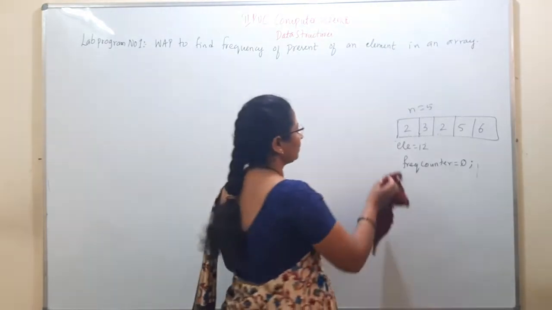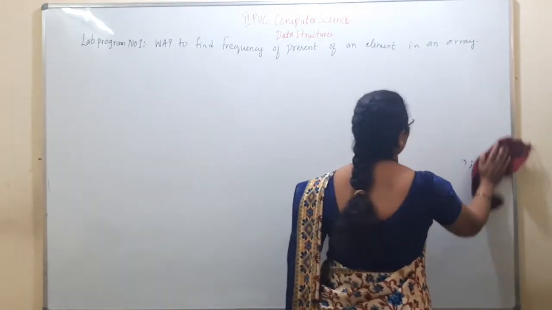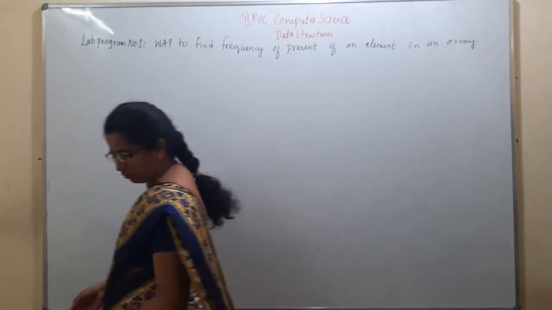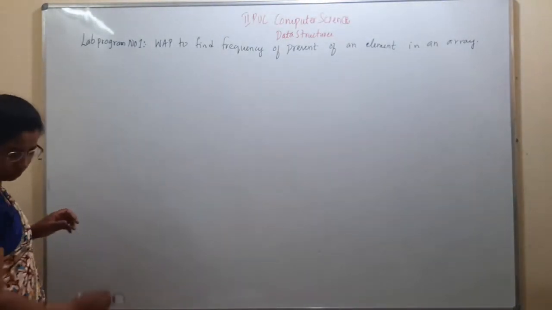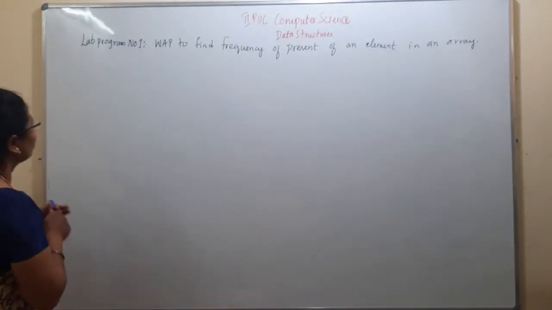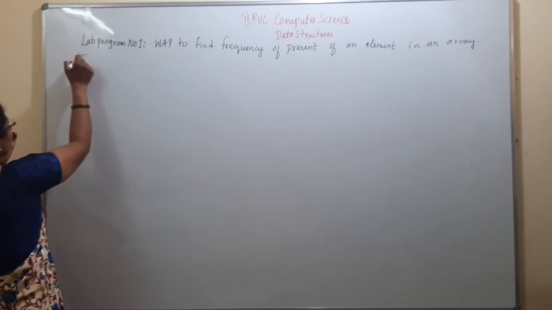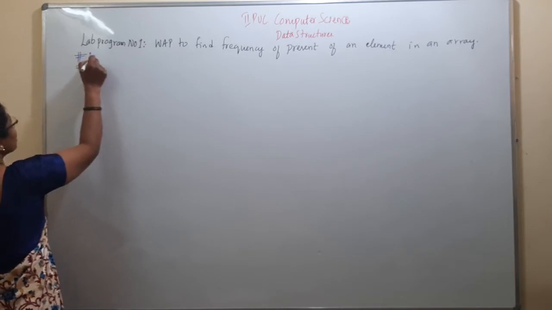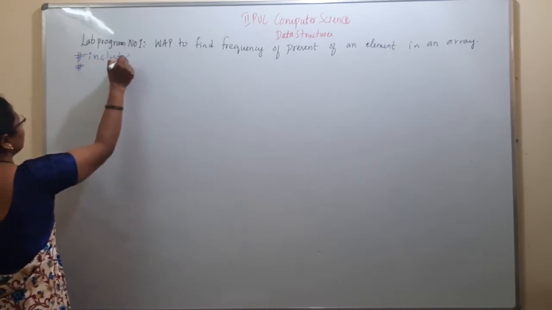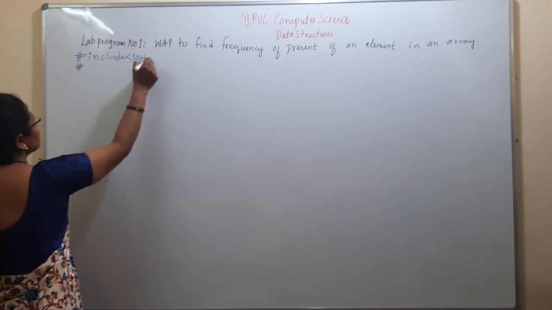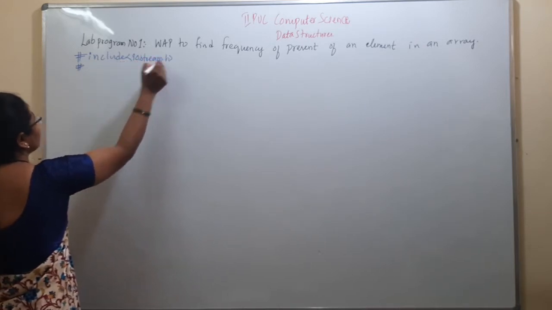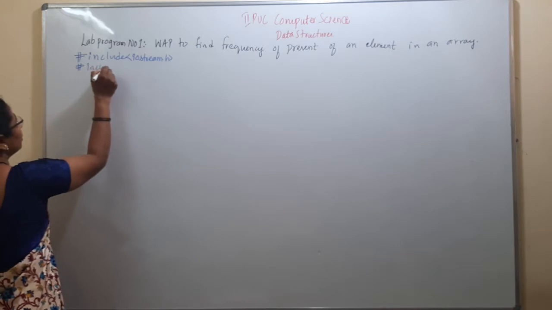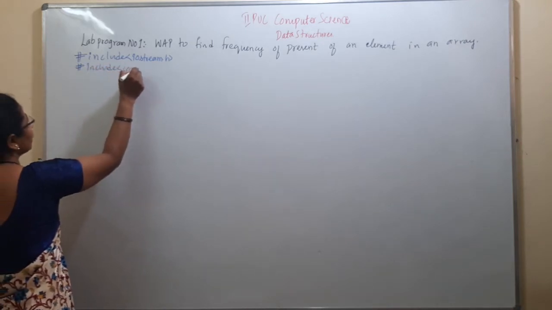So this concept we are implementing with lab program 1, finding the frequency. For this program we need only 2 header files: #include <iostream.h> and #include <conio.h>.